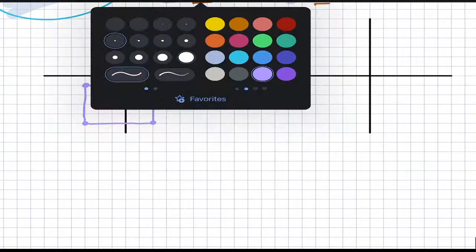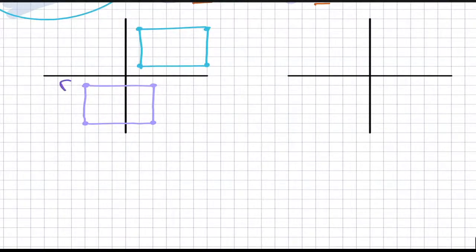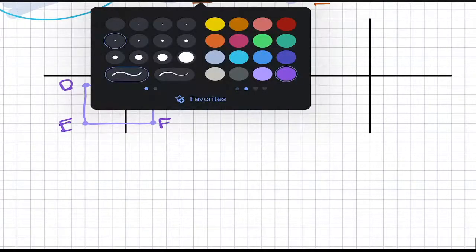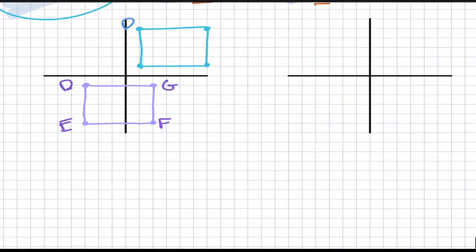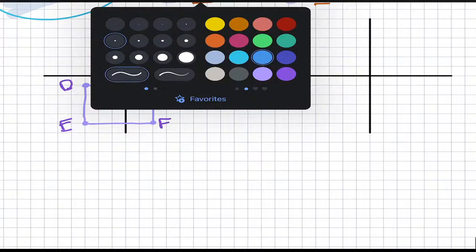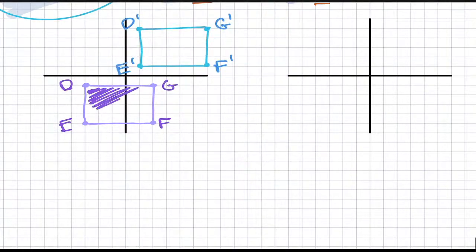All right, let me go ahead and get it labeled here for you. There's your first problem. Go ahead and work that out. Let me just shade it in here so it looks prettier.